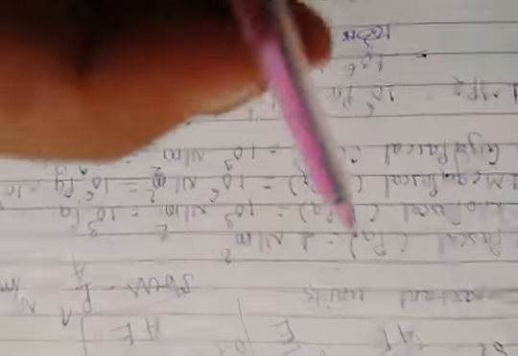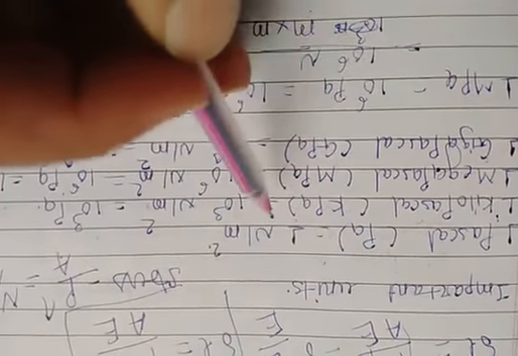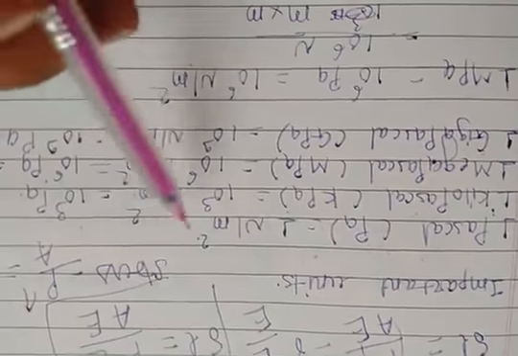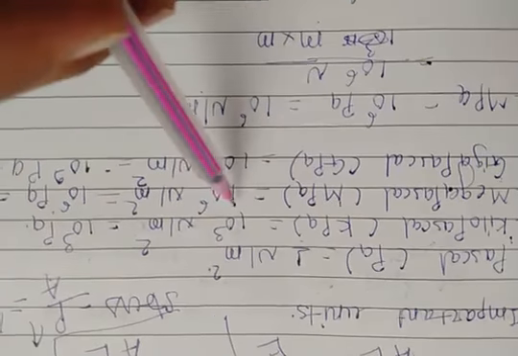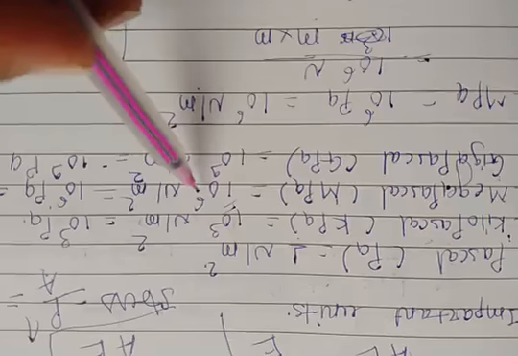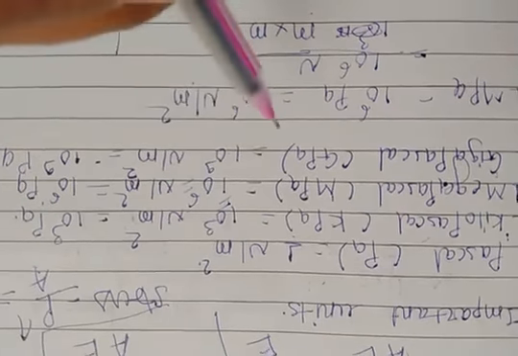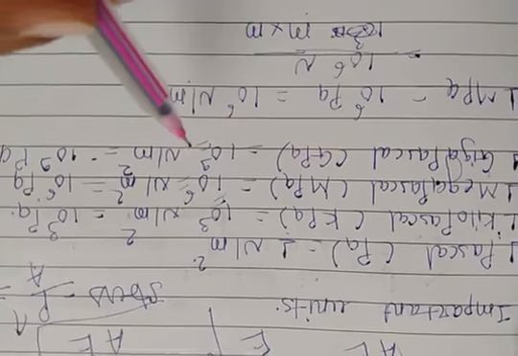In case of kilopascal, multiply by 10 raised to 3. For the megapascal it is multiplied by 10 raised to 6, and for gigapascal by 10 raised to 9.